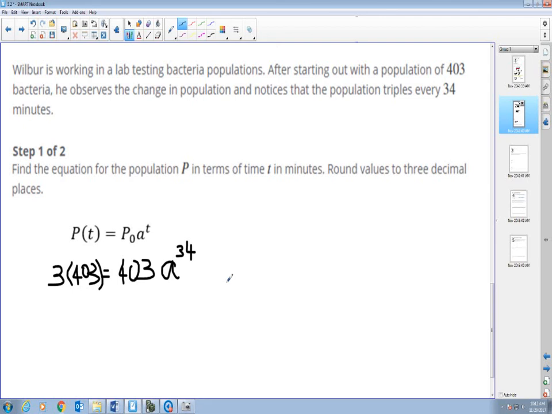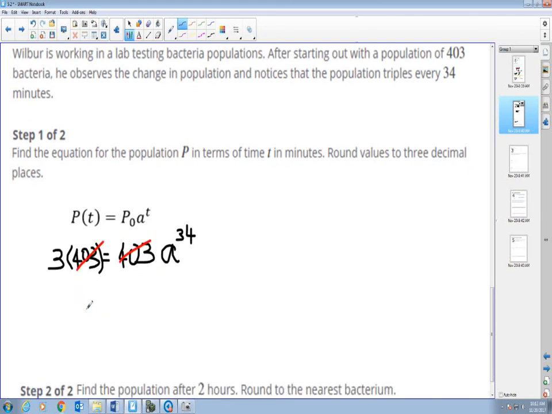What's my growth rate? Same calculation, divide both sides by 403. 403 will cancel out. So that will be 3 equal to A to the 34 power. So to find my growth rate, I will take a 34th root on both sides.